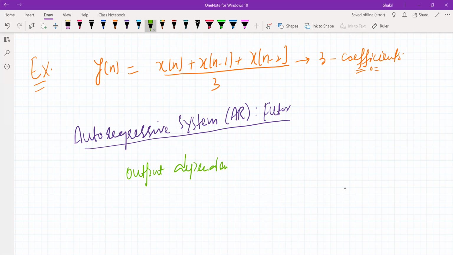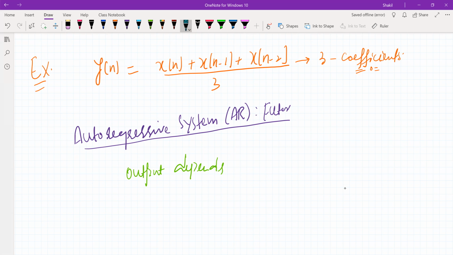the present output depends on the present input and previous outputs. Please pay attention.